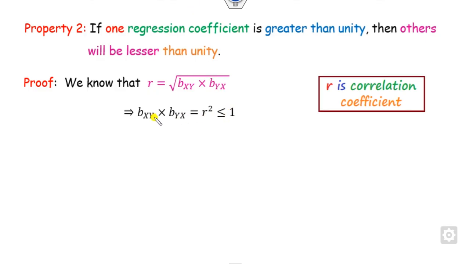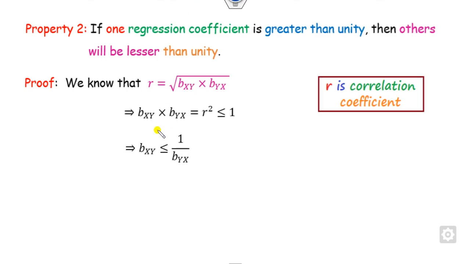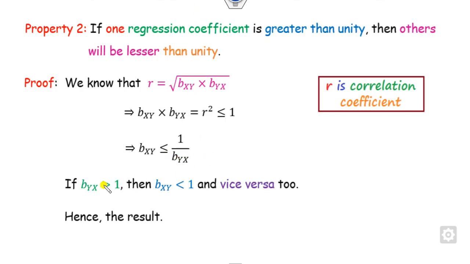Once it is less than or equal to 1, you can find the value of one of the variables. Clearly, if byx is greater than 1, then the reciprocal of it is always less than 1, and vice versa. So this is the quick proof of this. Also, you can write it this way: byx is less than or equal to 1 over bxy. So if bxy is greater than 1, then byx is less than 1.